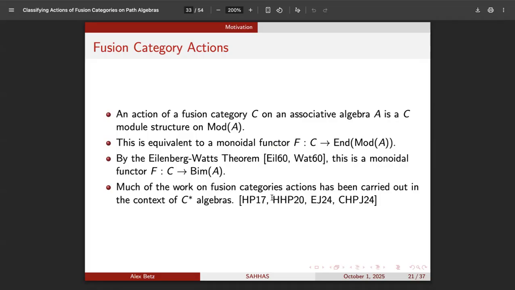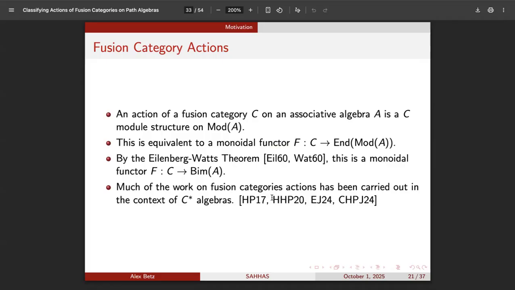This is equivalent, by some theory from a paper written around 1960 by Eilenberg and Watts separately, to a monoidal functor from C into BIM-A. I'm posing this question from an algebraic perspective.